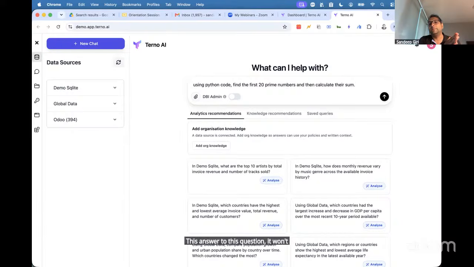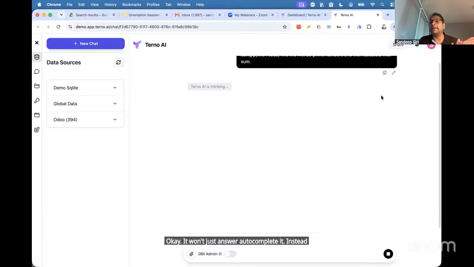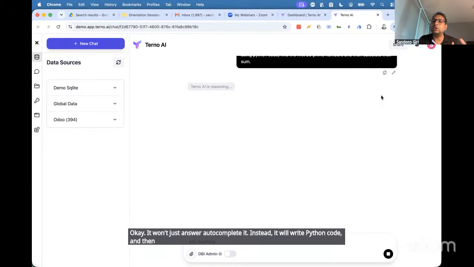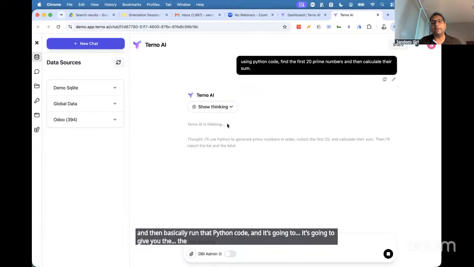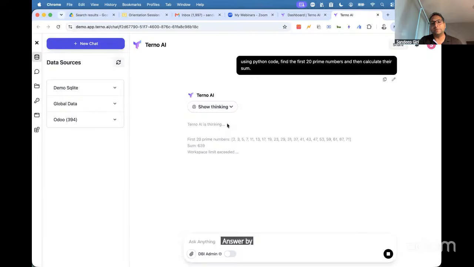it won't just autocomplete the answer. Instead, it will write Python code and then run that Python code, and it's going to give you the answer in multiple steps, right?